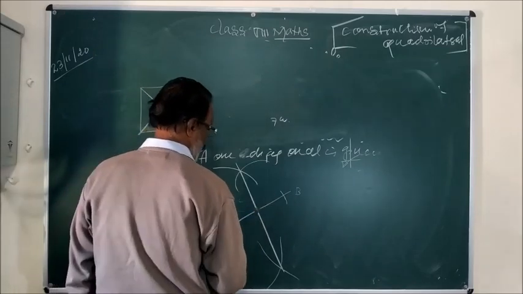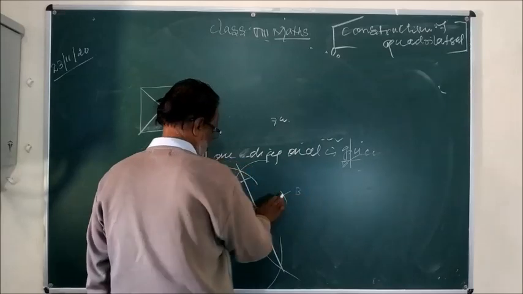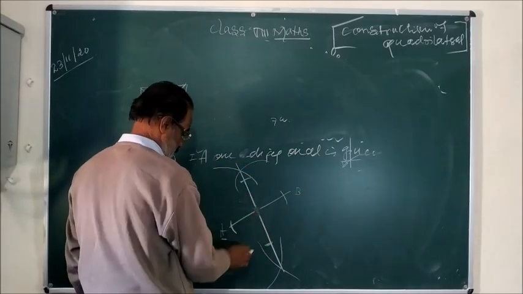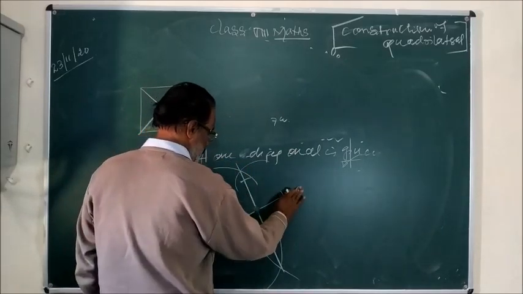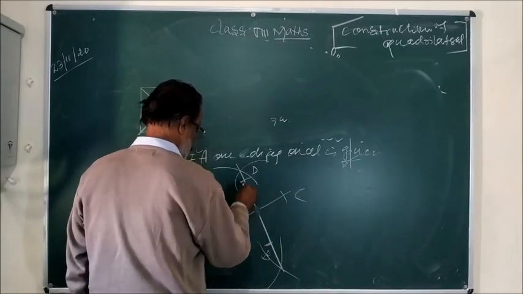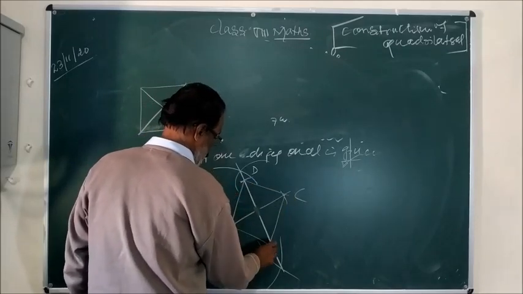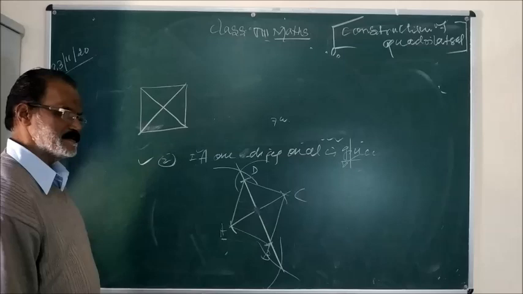And diagonals are also equal. So this will also be 3.5, and this will be 3.5. This is A, this is B, this is C, this is D. If we join these, the square will be formed. Diagonal is given.